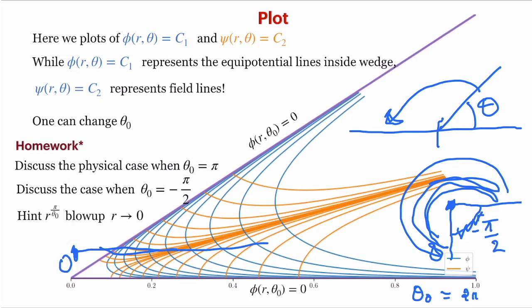That would require some interesting concepts from complex analysis. You would see that the branch cuts and the discontinuity of r to the power 1 by n play an important role in understanding this solution. So this is a homework that should provoke some of your thoughts.